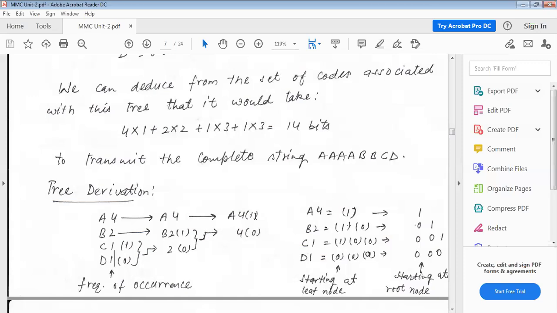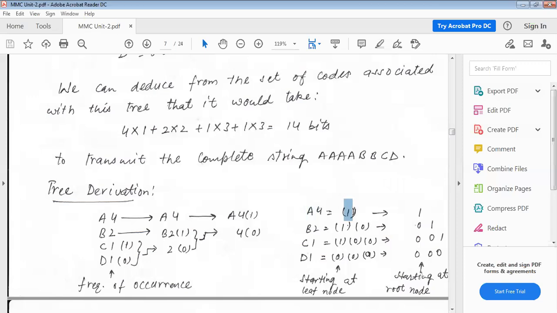Okay. So this is called tree derivation, using the frequency of occurrence and the character set. This is another tree derivation, and we will get the same code at the end. Okay, we will see later. So for A4, we have written 1 here, starting at the leaf node.